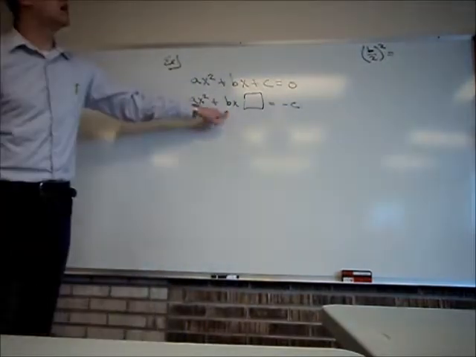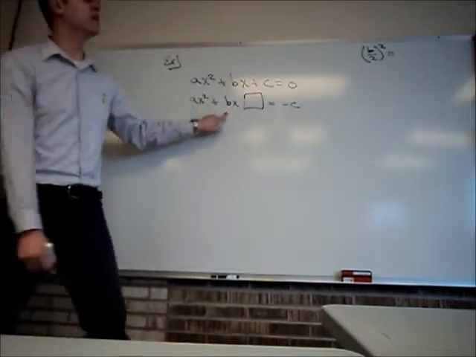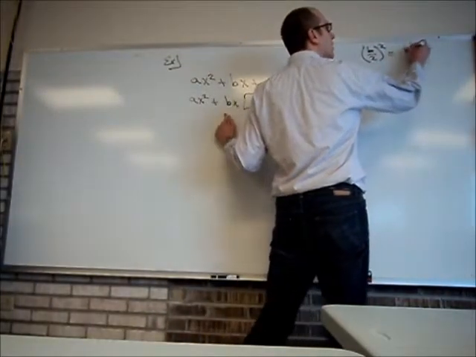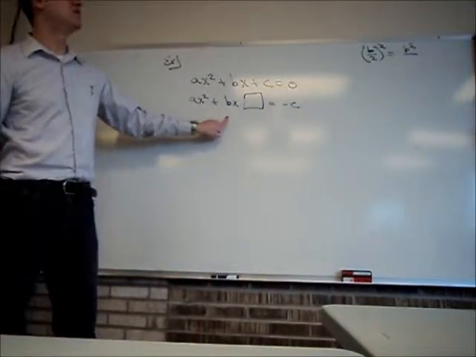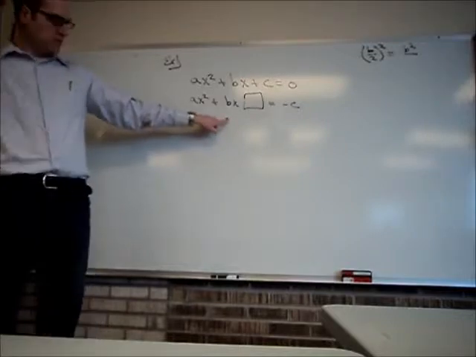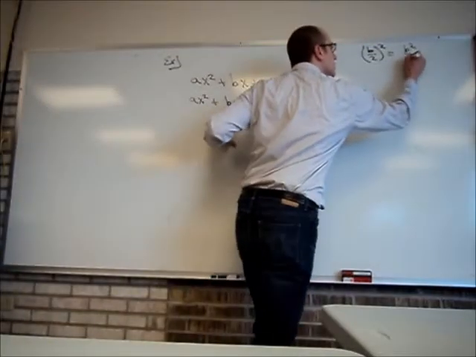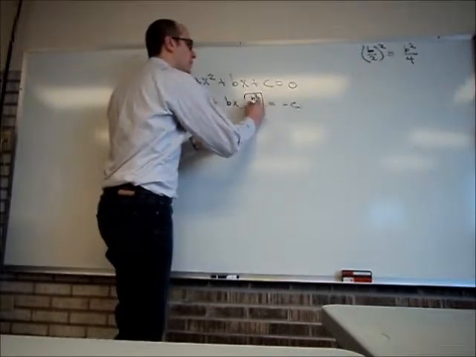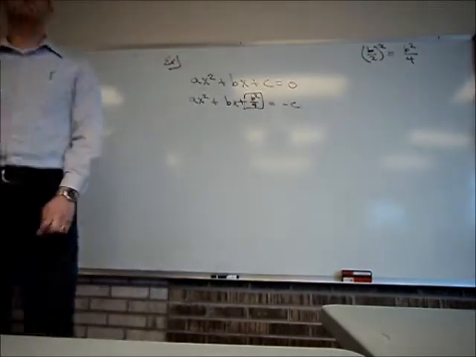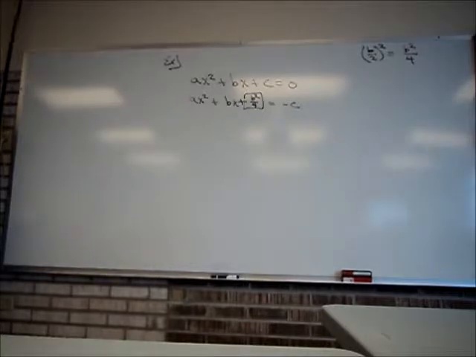That gives me square the top. That's b squared over square the bottom. 4, right? 4. b squared over 4 is going to be the appropriate replacement. Remember, you can't just go slopping in b squared over 4.